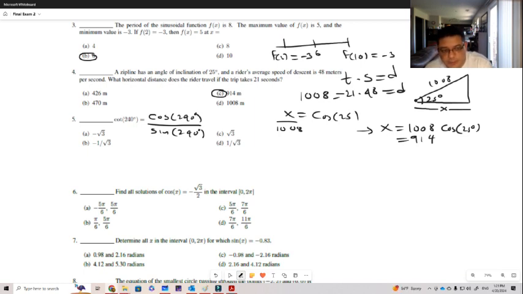By the way, you can kind of figure out how much this is by drawing the unit circle. Right? And 240 is a multiple of 60. We have 180 plus 60 is 240.